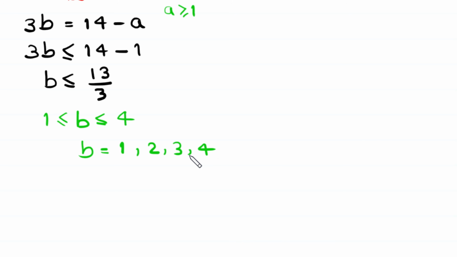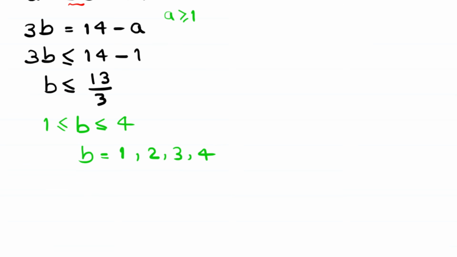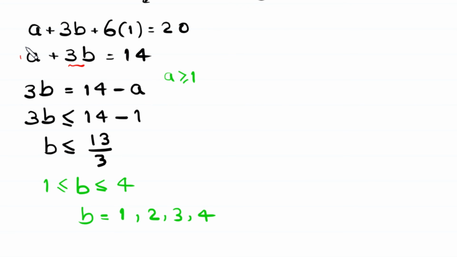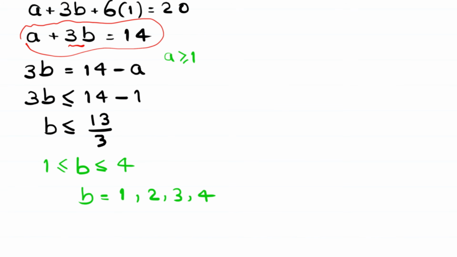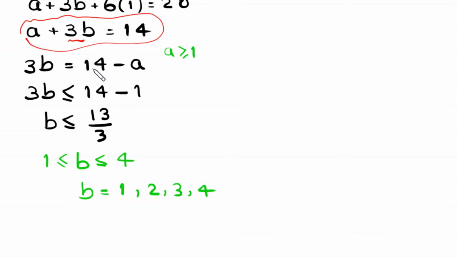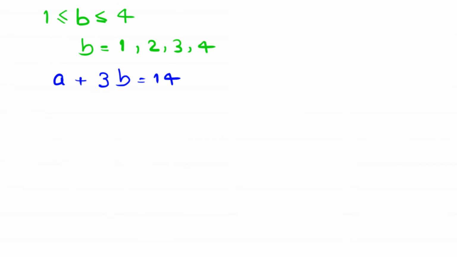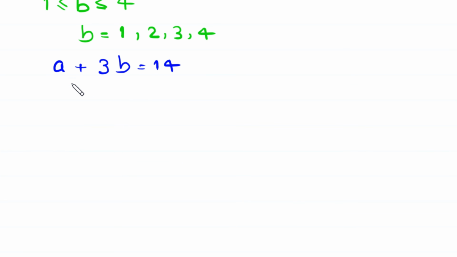Now using these values of b, we can find the values of a by using this equation, a plus 3 times b equal to 14. If we isolate a, this becomes a is equal to 14 minus 3b.